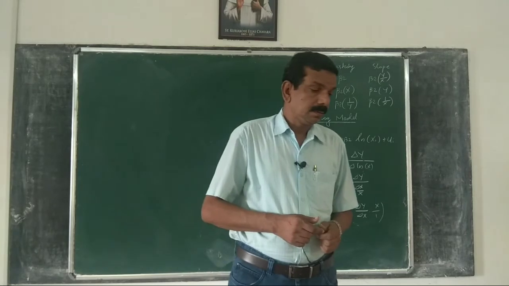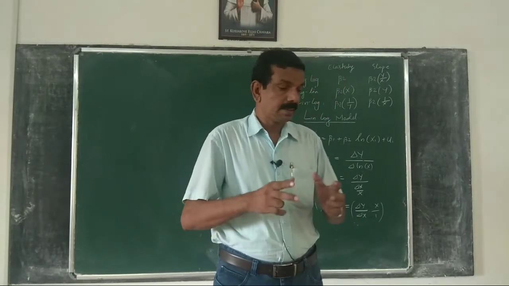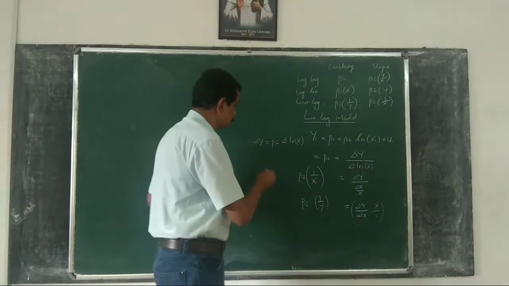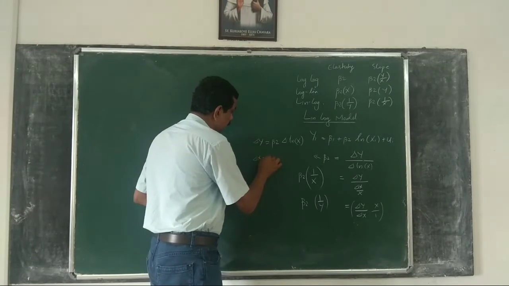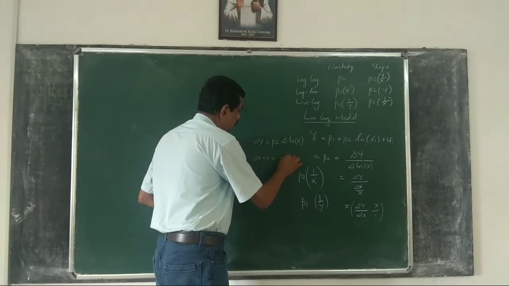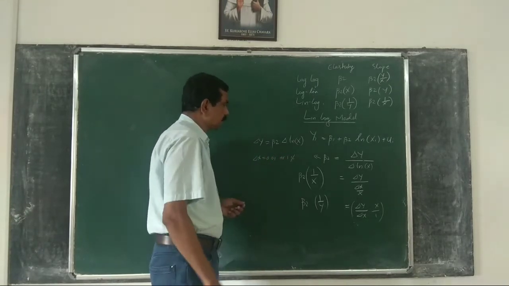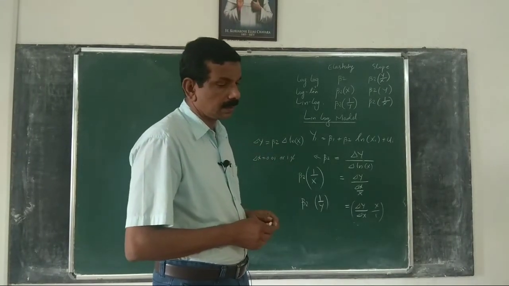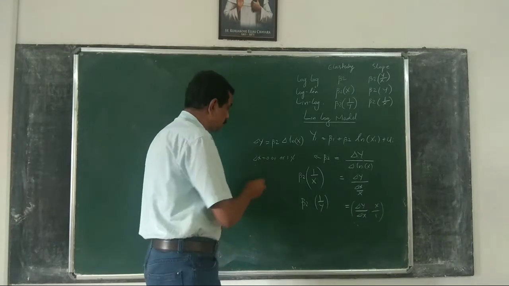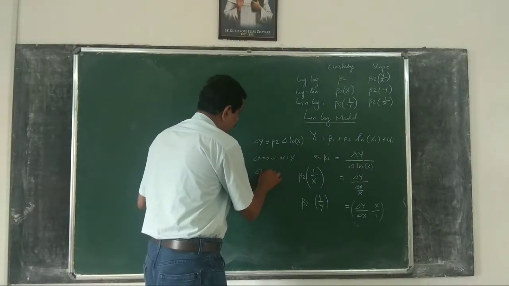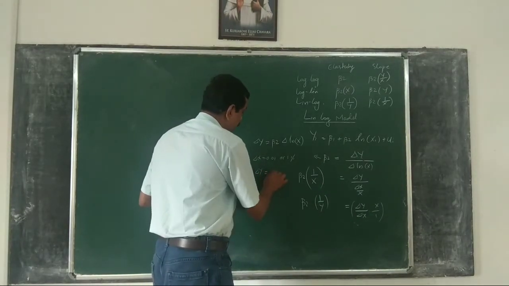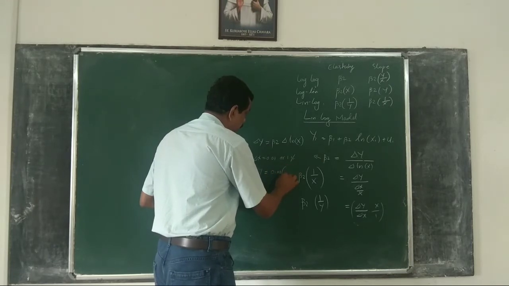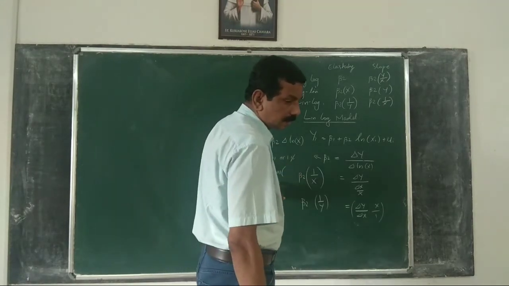As an example, if delta x by x is 0.01 or 1%, then absolute change in y, delta y, can be written as 0.01 into beta 2.